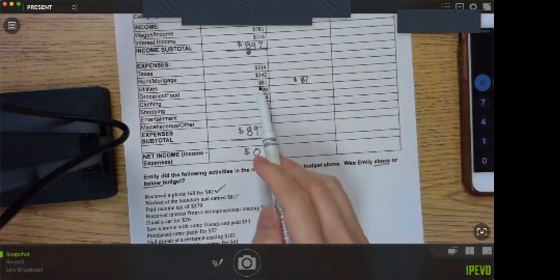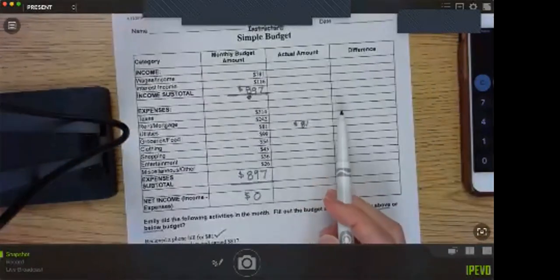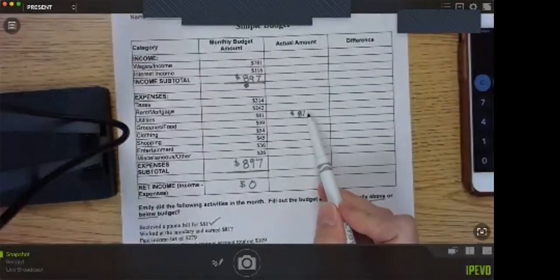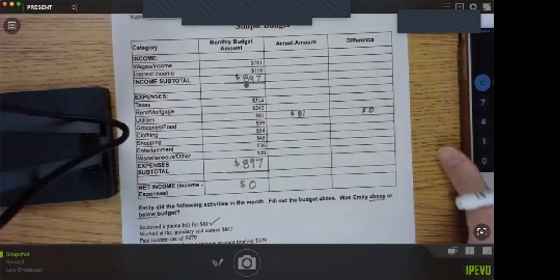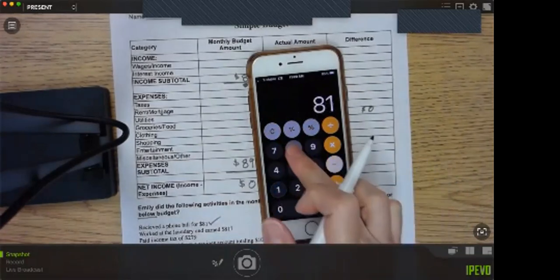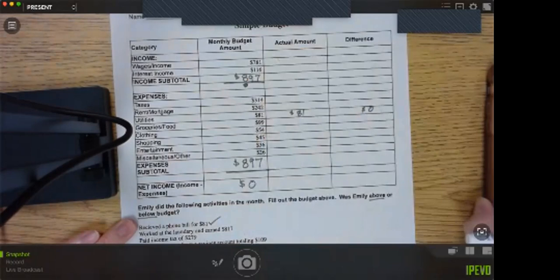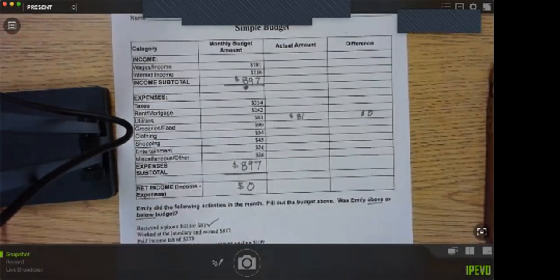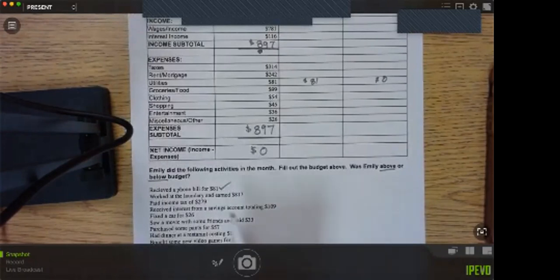So here's how much she budgeted, $81, and the actual amount was $81, and the difference is 0. There's no difference there. So 81 minus 81 equals 0. The difference is to subtract. So no difference there.